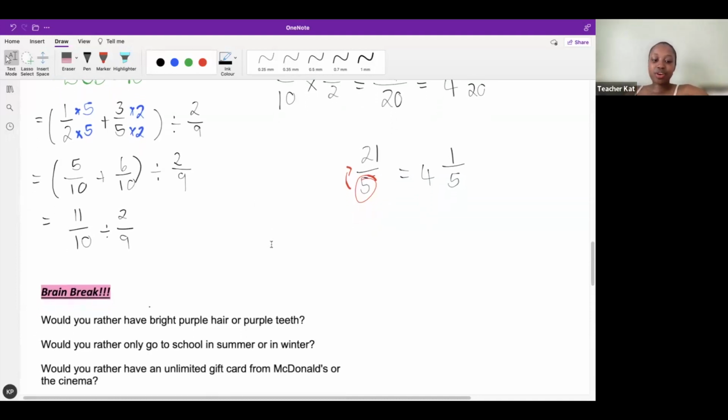The next one, would you rather have an unlimited gift card for McDonald's or for the cinema? And if you go to the cinema, you can have all the snacks you want. So it's a gift card, unlimited. You can either go to the cinema or unlimited for McDonald's. Min is like, give me both of them. All of them I want right now. Cinema, I love it, guys.